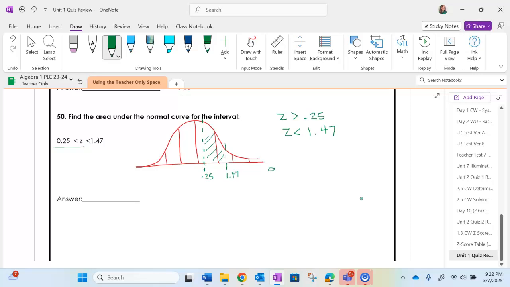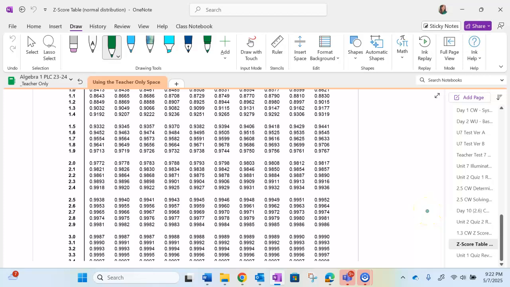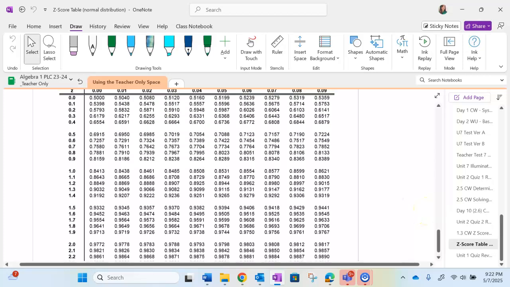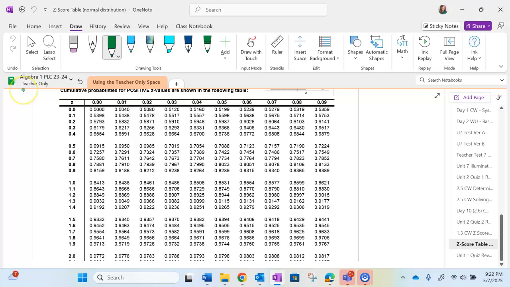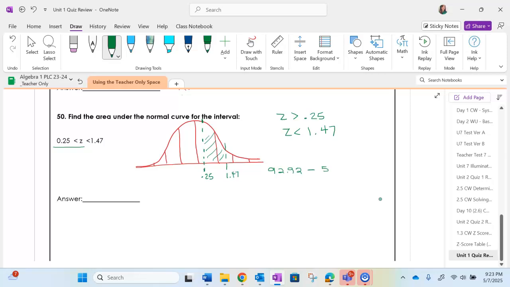So this is 92.92, and these are percents, minus the smaller one of 0.25. Let's go look it up. 0.2, it's way up here. So there's 0.2, and then 0, 1, 2, 3, 4, 5, so 59.87.